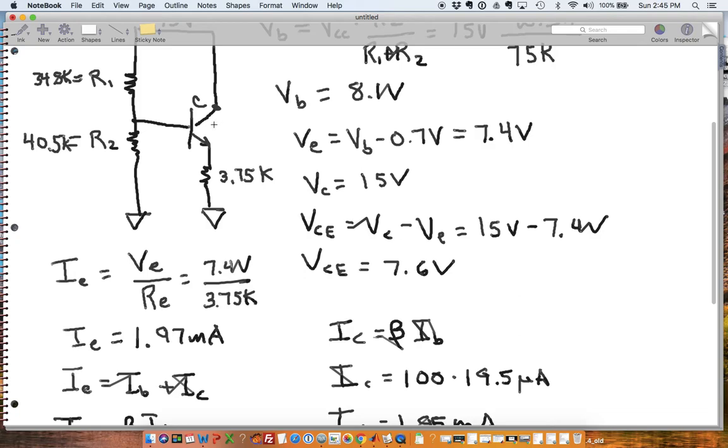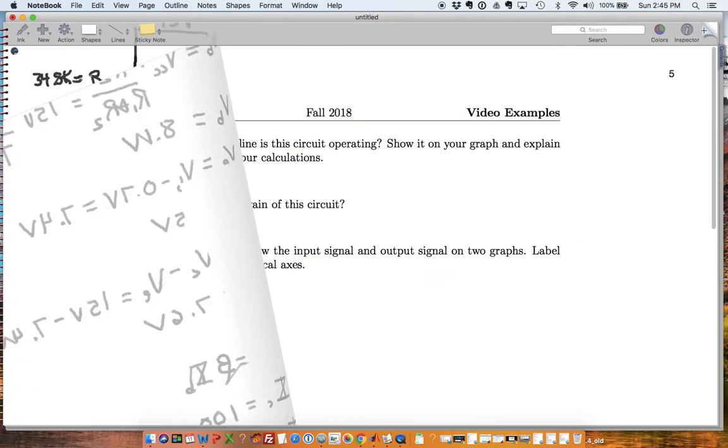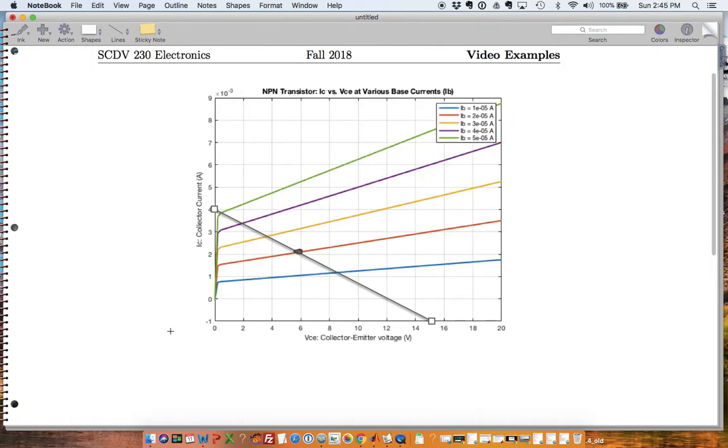So I don't have the full current going through that could go through, and that's why it's an amplifier. Now I can control how much current goes through. So 7.6 on here would be right around here. Right around there would be my quiescent point. So I'm not exactly at my quiescent point, but I'm pretty close.